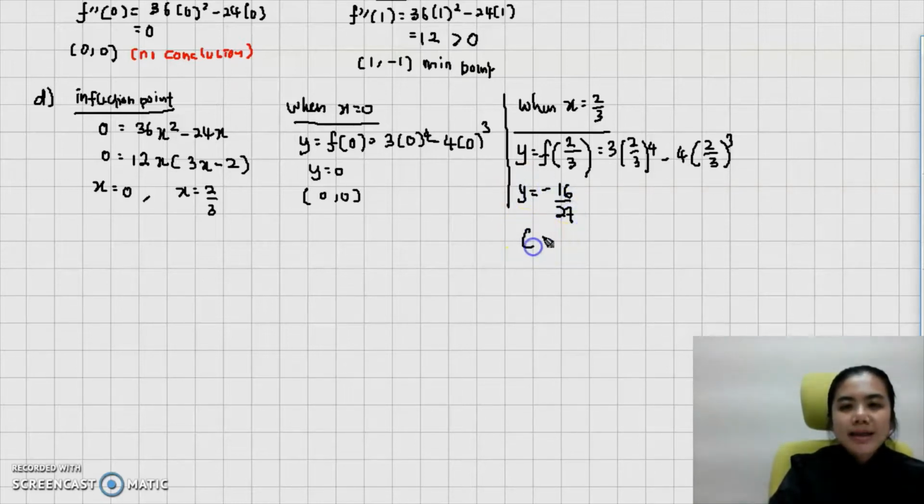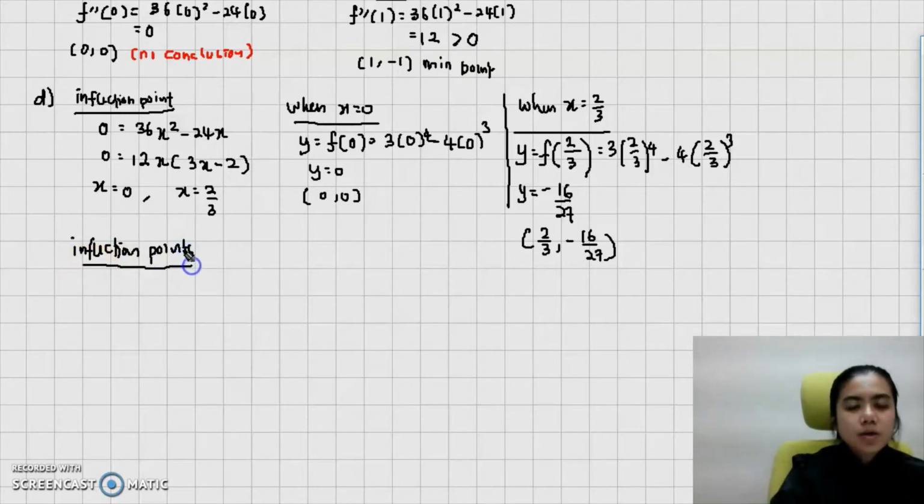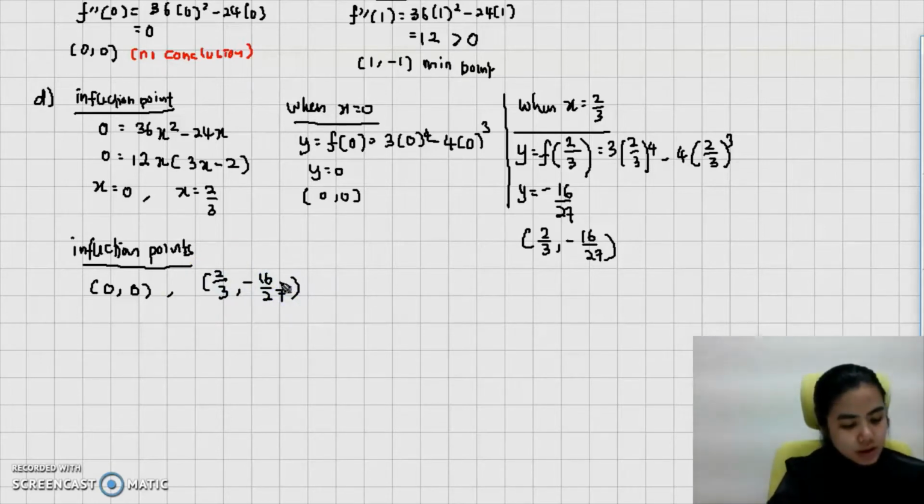So we obtain another inflection point. Your inflection points are 2: the first is 0, 0, and the second is 2 over 3, minus 16 over 27.